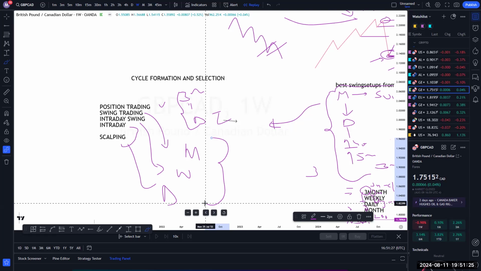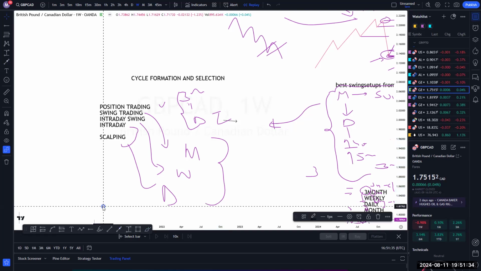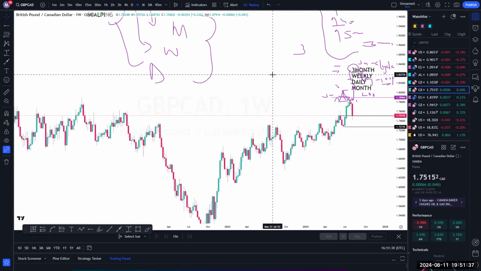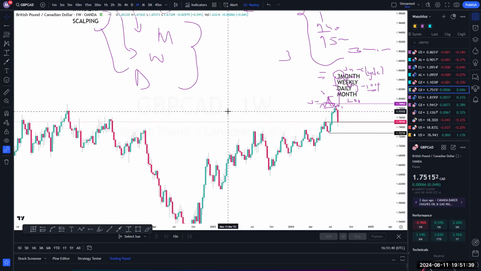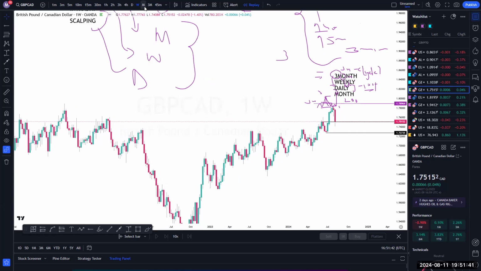But for me, I prefer using the monthly cycle as my selected cycle. Now let me show the trade I told you last time that I took, based on the monthly.